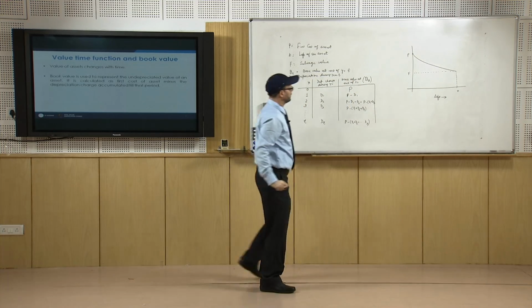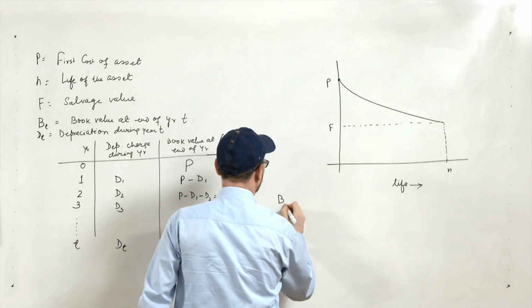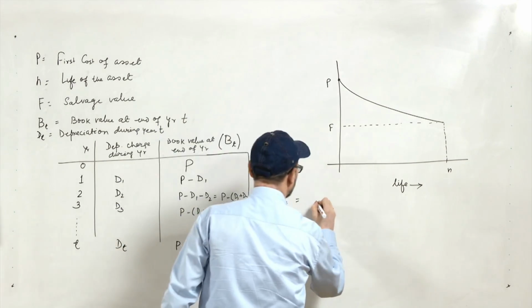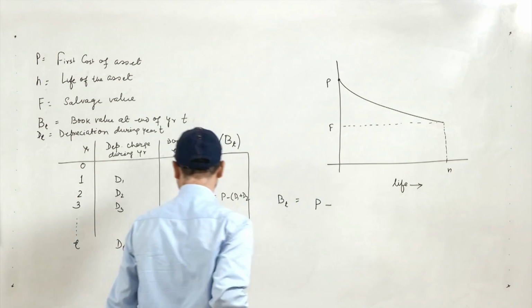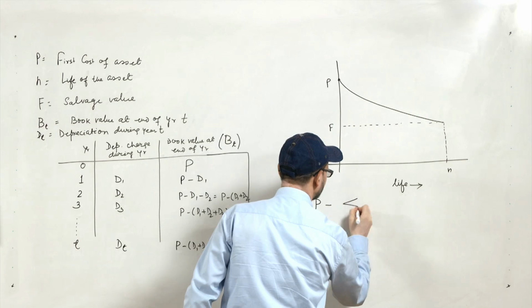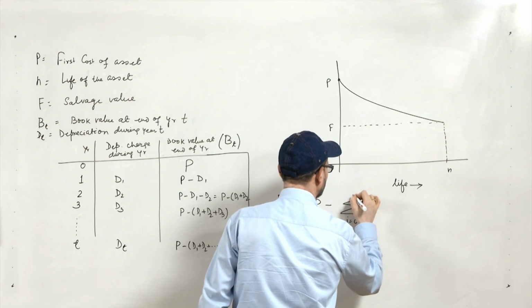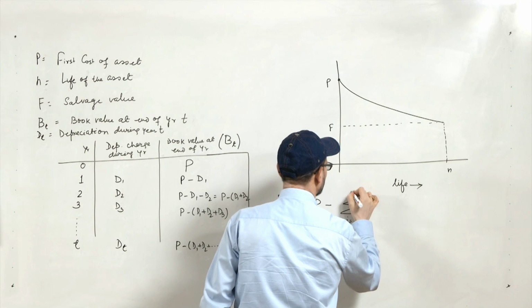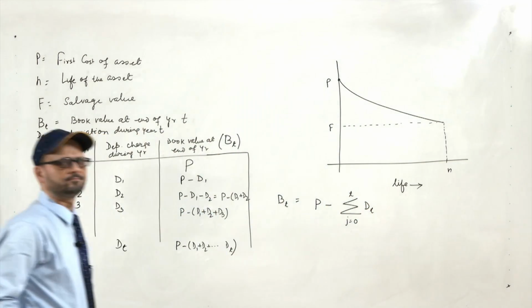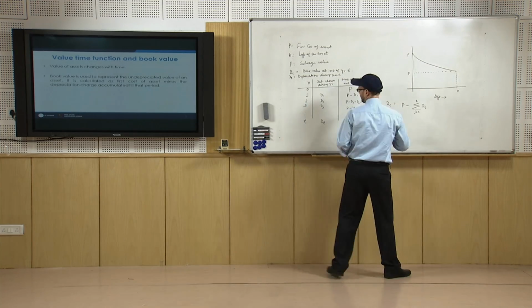So Bt is P minus the summation of dj, j equal to 1 to t.